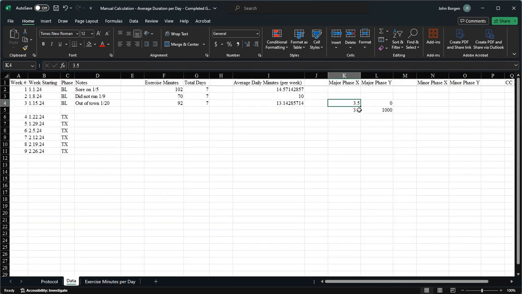The way that I'm doing this in this XY scatter plot graph, never, ever, ever use a line graph, is I am saying I have data here. I want my data to go from 3.5 to 0 and from 3.5 to 1,000. And Microsoft Excel says, I know what to do with data.